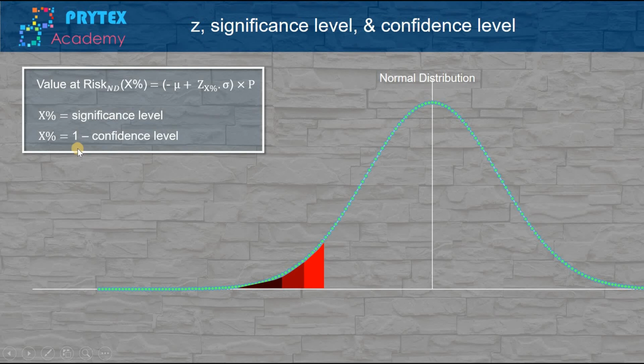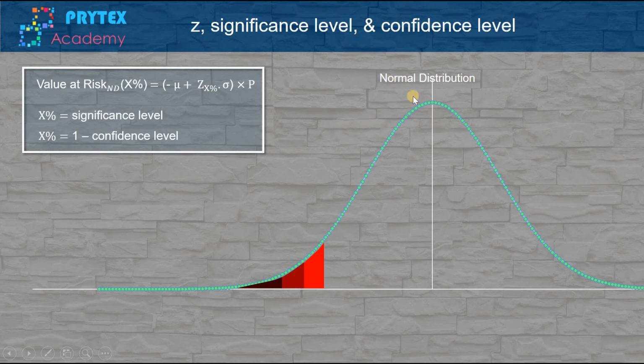If we take 1 minus the confidence level, we get the significance level. So X% is the significance level, and for each significance level we have a different Z value.